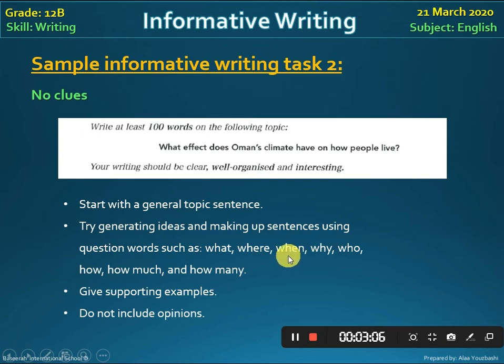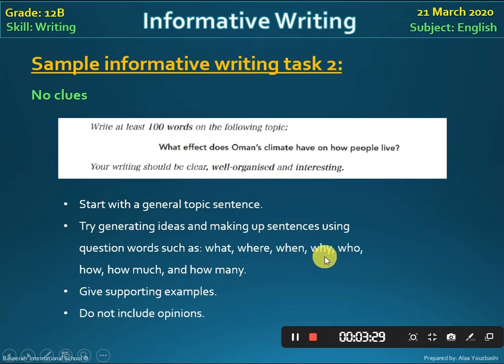Now, when can we have that effect? Most of the time, the strongest effect that we can have in Oman is in winter, because summer is harsh and boiling hot here. So here we answered the question when. Why is that? I can talk about the way people dress in Oman.